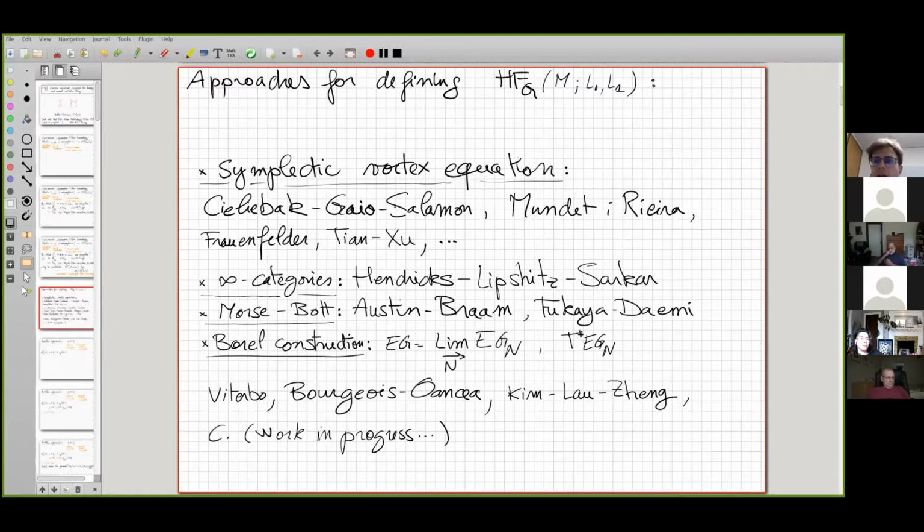But today, I'd like to tell you yet another approach for defining such groups that's algebraic in nature. Maybe it's closer to this infinity category approach by Hendricks, Lipshitz, and Sarkar, but at least it uses algebra that's, at least to me, less complicated than infinity categories.